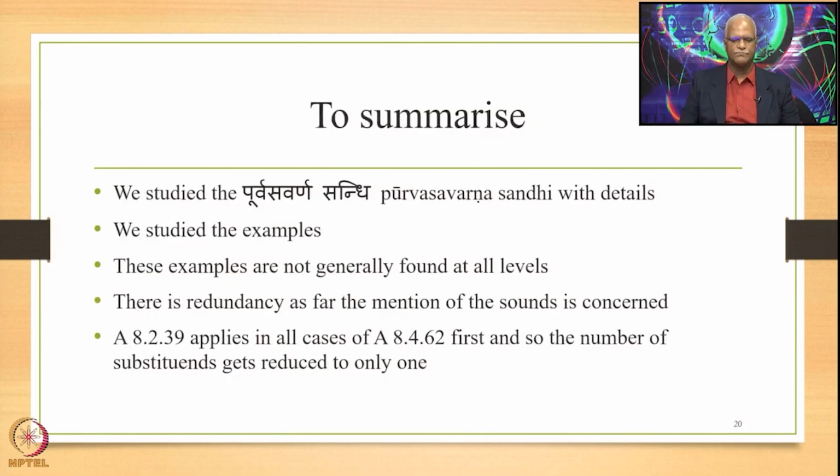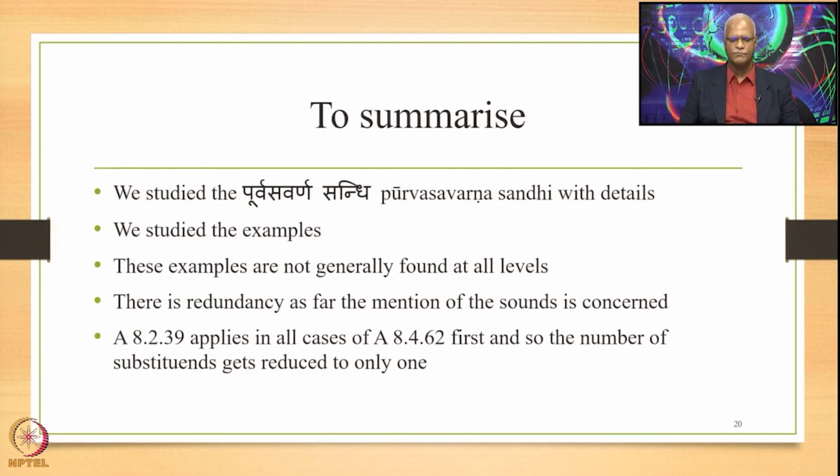To summarize, we studied the purva savarna sandhi with some details: the meaning of the sutras, the anuvritti, the words continued from the previous sutra, etc. We studied the examples, the template ones first and the specific ones later on.